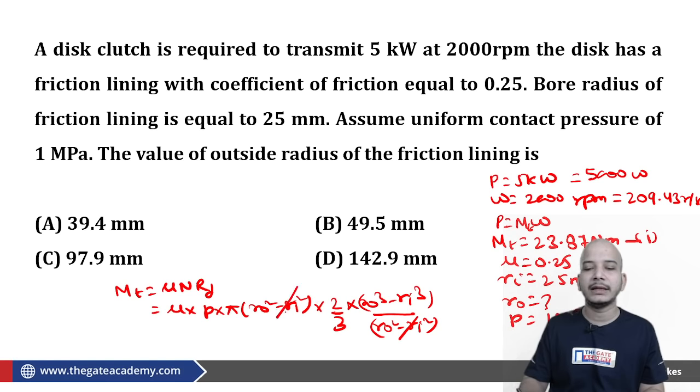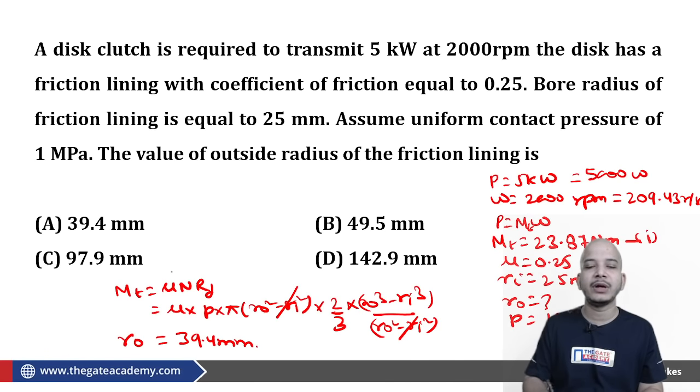This will get cancelled. P you have to put as 1 megapascal. Ro can be easily calculated provided that Ri is equal to 0.025 m and mu is also provided. From here Mt is also provided, 23.87. From here you can calculate the value of Ro, which will come out to be 39.4 mm.